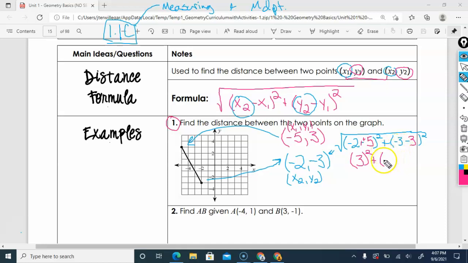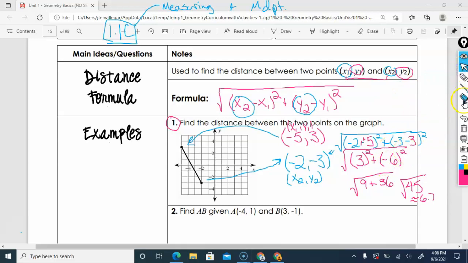And 3 plus 3 is 6, but stays negative. 3 squared is 9. -6 squared is not -36, it's positive 36. So I get square root of 45, which is about 6.7. All right, let's keep going, y'all.